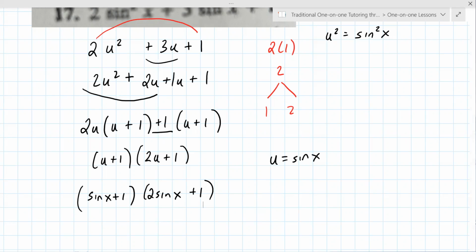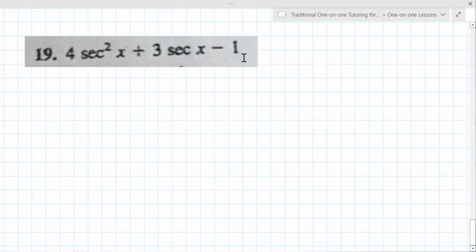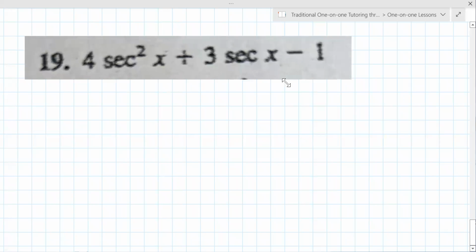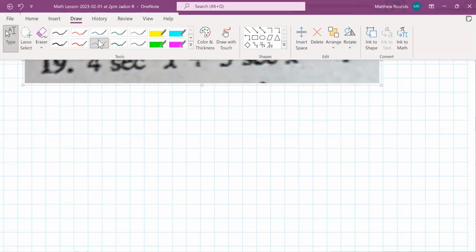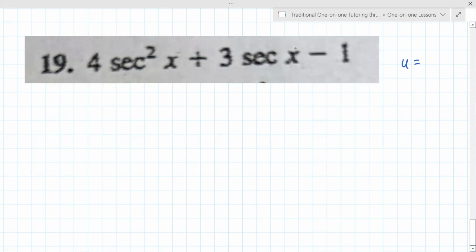So 18 is really, or 19 is really similar. I mean, you've got the evens and the odds there, but we should look at 19 together, because it appears this could be some factoring here that maybe you're not super familiar with. So let's look at this here. This time your u is always the middle thing.